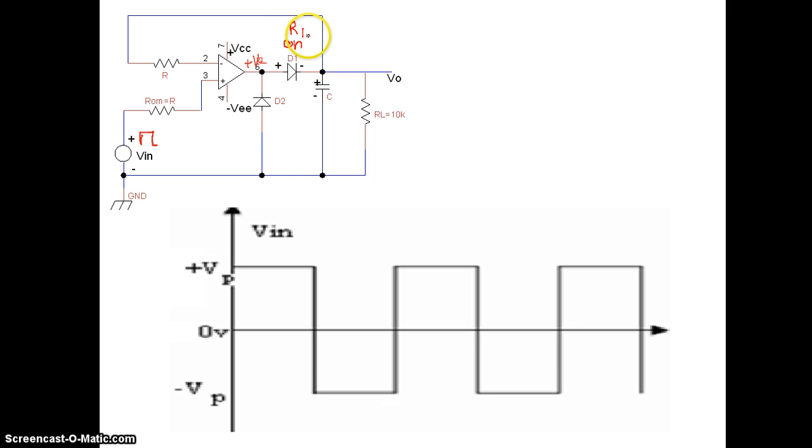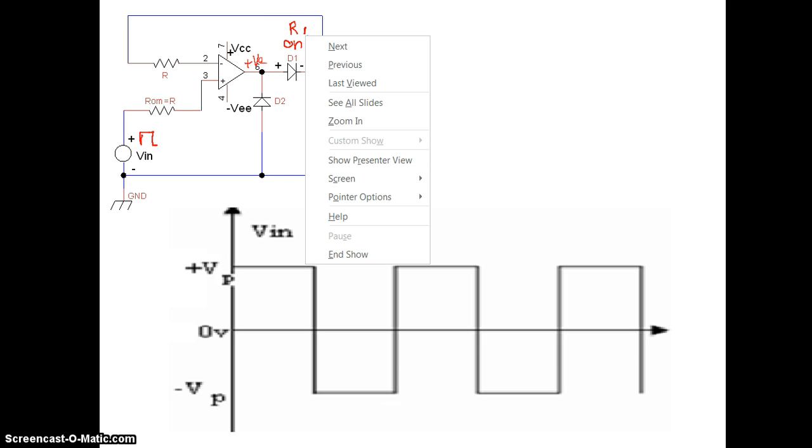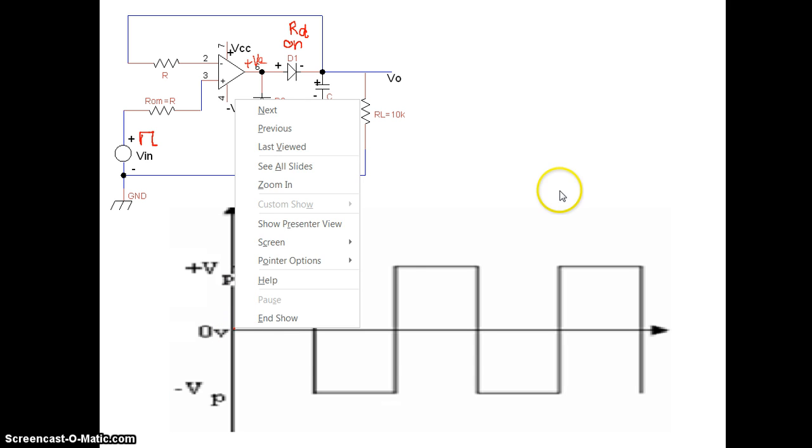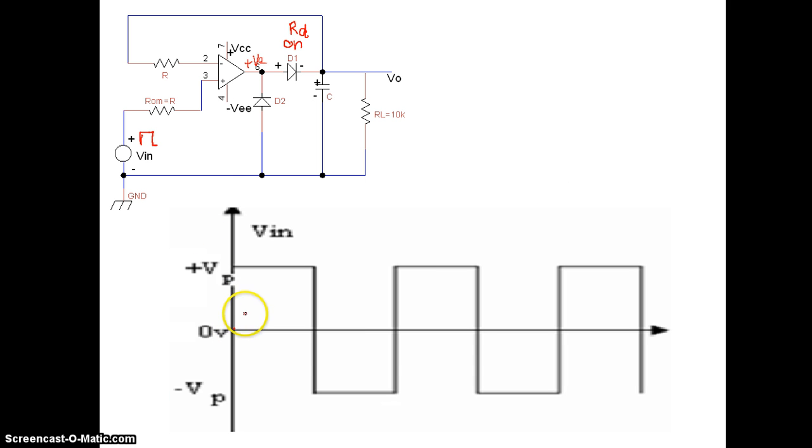When it is on, the capacitor will charge to the peak value. So in the positive half cycle, the capacitor, which was initially 0, will now charge to the peak value.